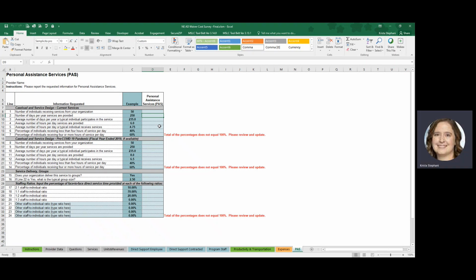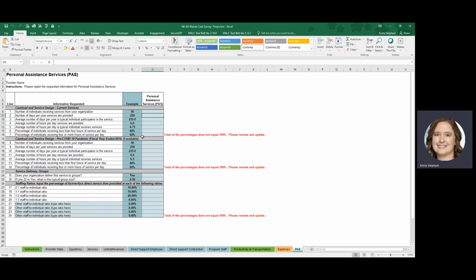So the first set of questions is asking for your current service caseload information. What we mean by current services are what services have you provided related to your fiscal year 2021. We're asking you to populate the number of individuals who received past services from your organization, the number of days per year that you provide services through your organization.